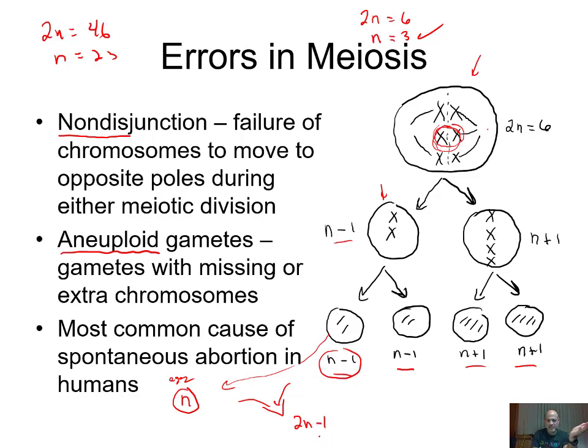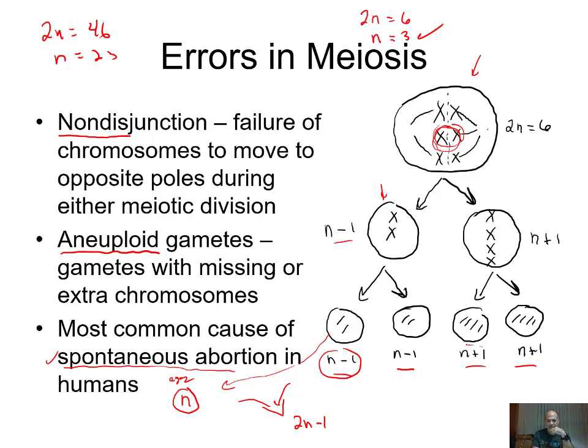Okay, not 2n. The zygote should be 2n. We covered that in the prior sections. You end up with 2n minus 1, and instead of having 6 total, you're going to end up with 5. So you're missing an entire chromosome, and that leads to the zygote not developing correctly and dying in the process, which might be called spontaneous abortion or miscarriage.